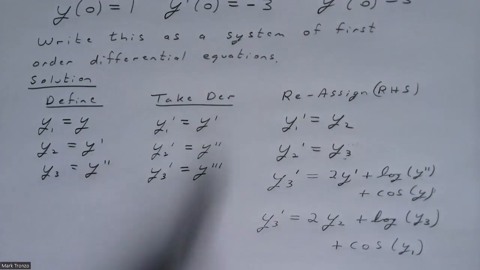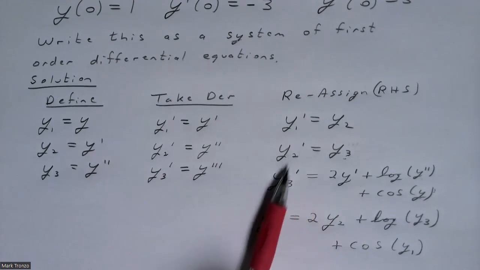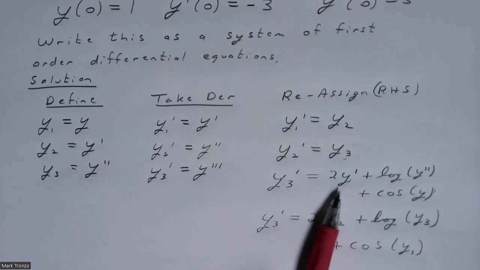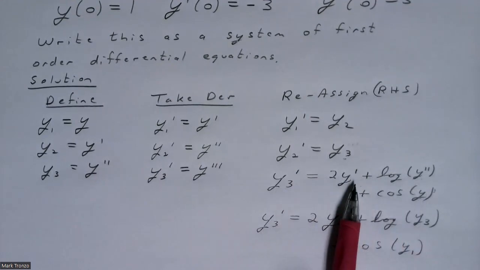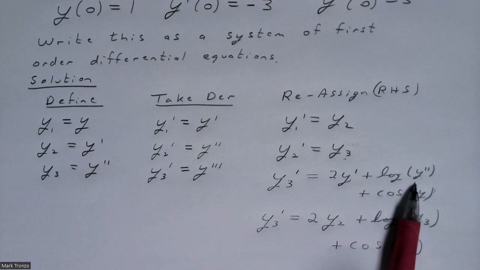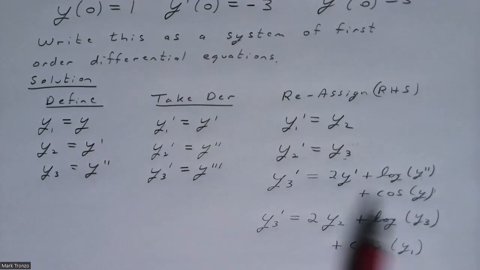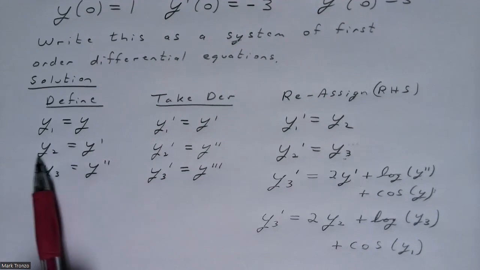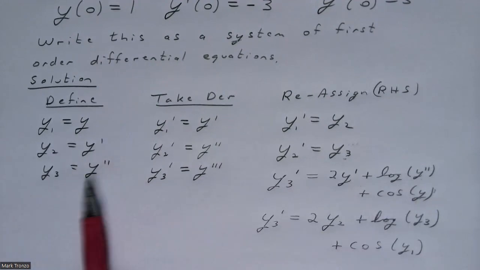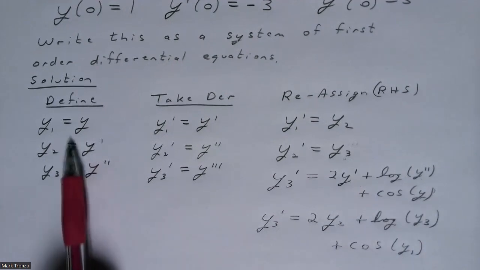So that's something to remember when you get to this last step here. Again, on the right-hand side, everything should have a subscript with no derivatives. So y prime is replaced by y2, y double prime by y3, and y was replaced by y1.